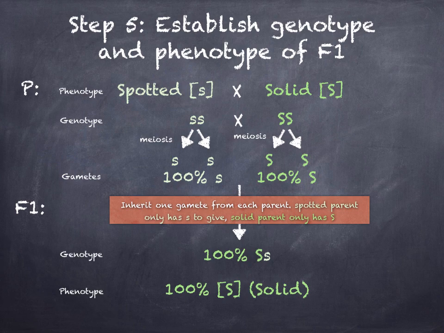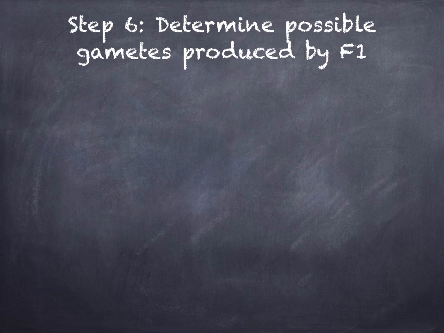Now the next step, step 6, will be to determine the possible gametes produced by the F1, because we need to go to the F2 generation. The F2 generation comes from mating of F1 individuals together.